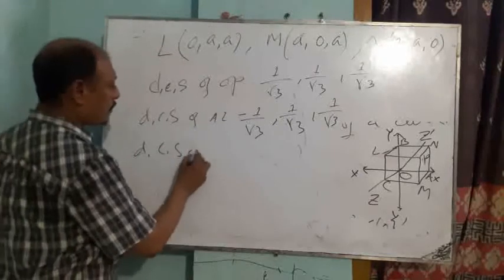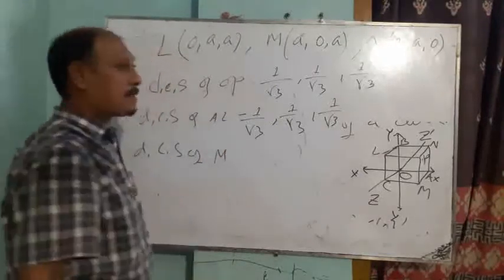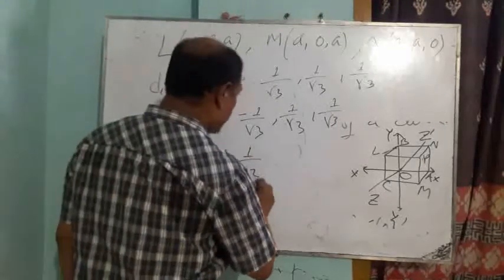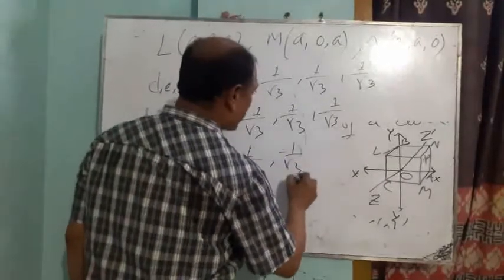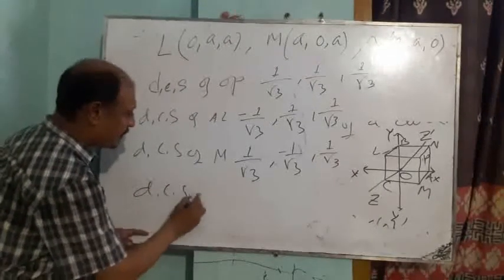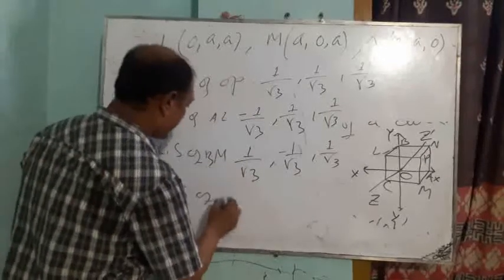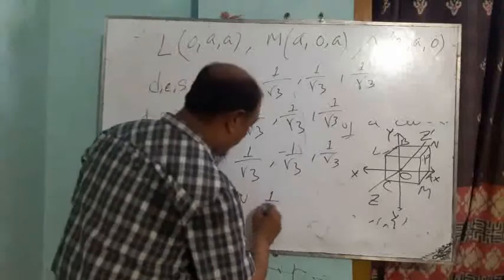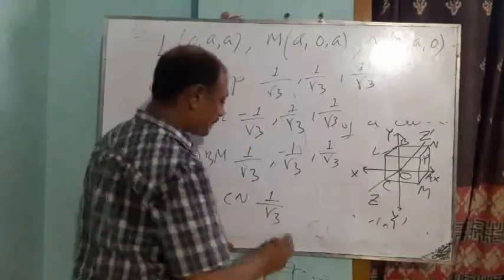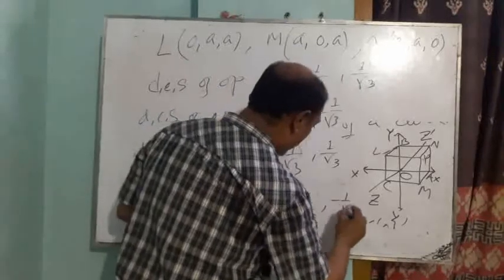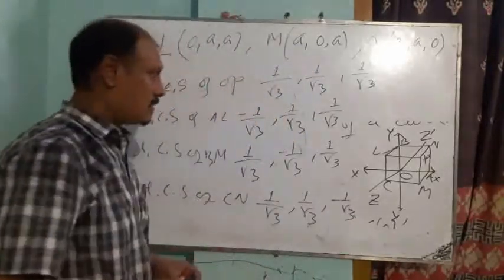Direction cosines of BM 1 by root 3, minus 1 by root 3, 1 by root 3. Direction cosines of CN 1 by root 3, 1 by root 3, minus 1 by root 3.